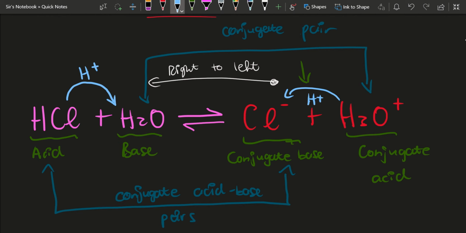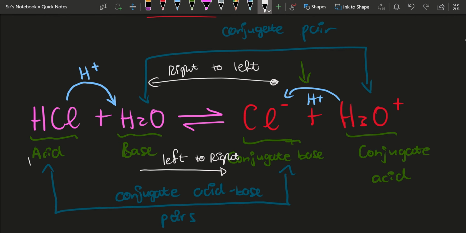That means Cl minus in this particular case is a base, but not just any base, a conjugate base. When I read it from right to left, Cl minus is a conjugate base because it gets a proton, and H3O plus is a conjugate acid because it donates a proton. But if I read this from left to right, you would see that HCl gives a proton to water.